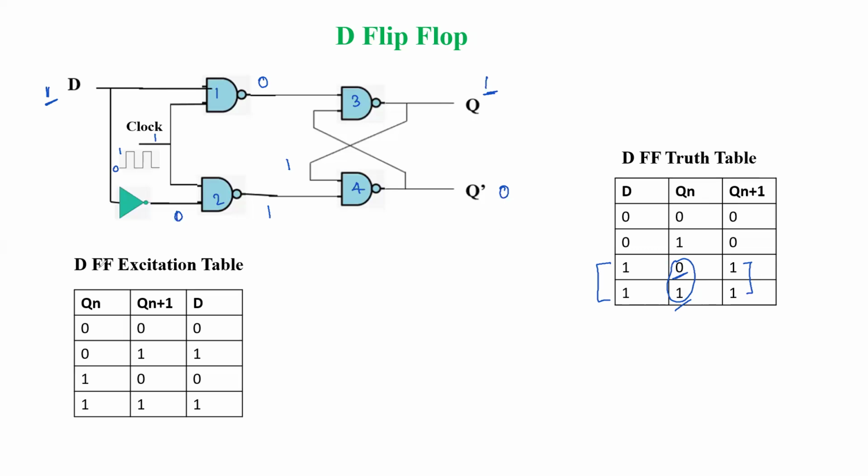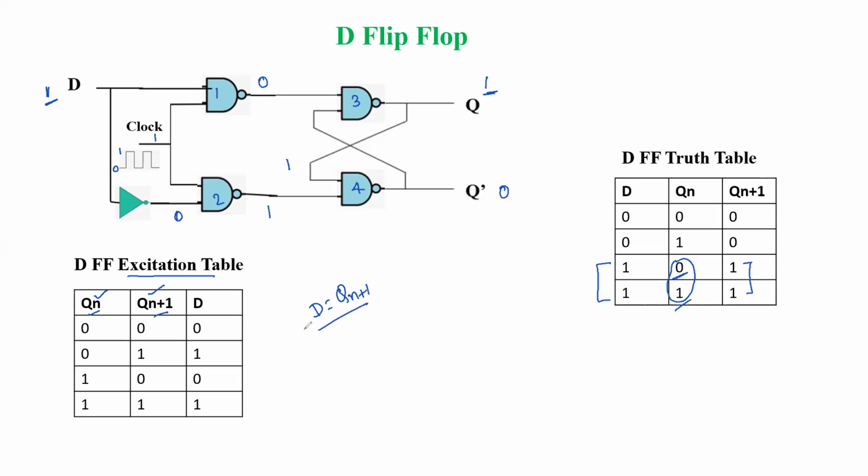Now here we have the excitation table of the D flip-flop. Excitation table means we have information about Qn and Qn plus 1, which are the present state and the next state. On that basis, we are able to predict what the input was. In the case of the D flip-flop, you know the characteristic equation is D equal to Qn plus 1.